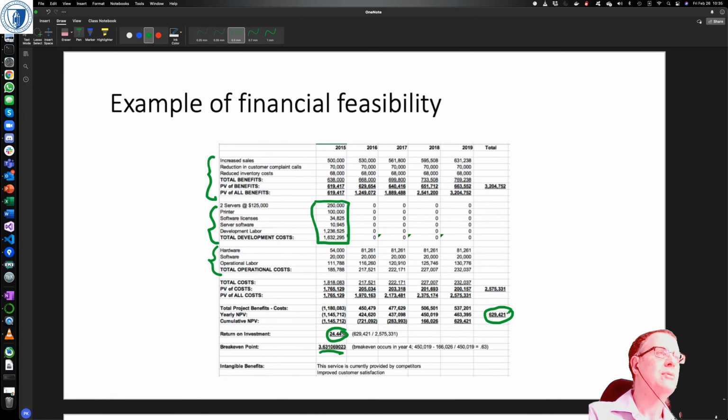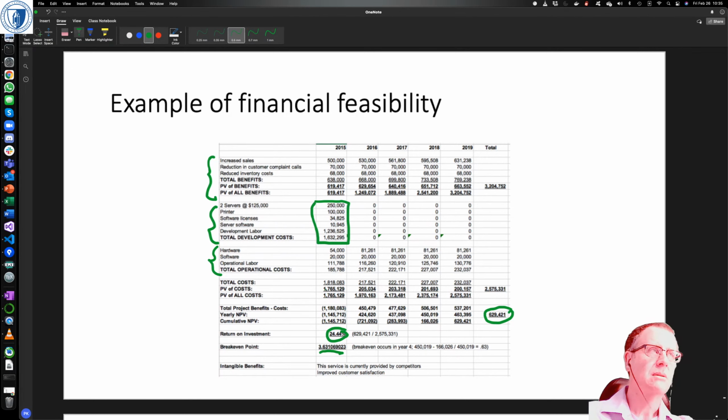So given all the costs, given all the potential profits, and we discount those numbers back to today's dollars, what's it worth? And in this particular example, the project is worth $629,000. So that means we're going to make money out of it if all of these forecasts are correct.